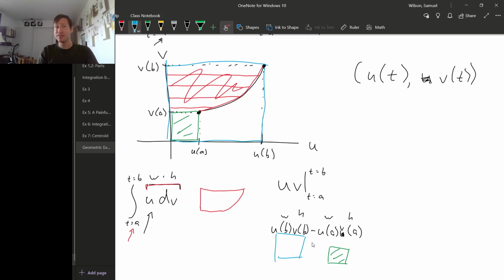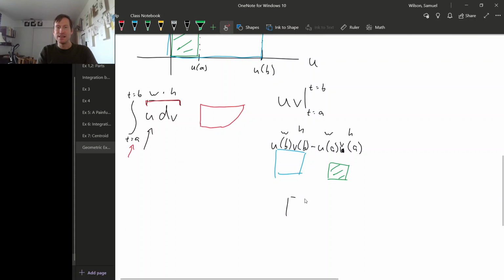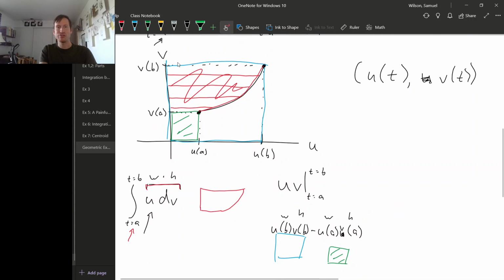When you subtract the two, you get this kind of shape, because it's the big rectangle minus the small rectangle in the corner. And you can see that shape up here. It's this L shape to the upper right of the green rectangle.